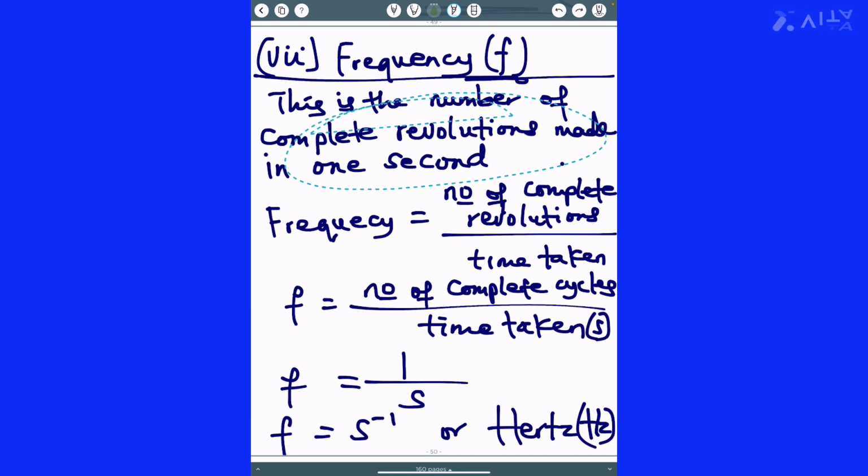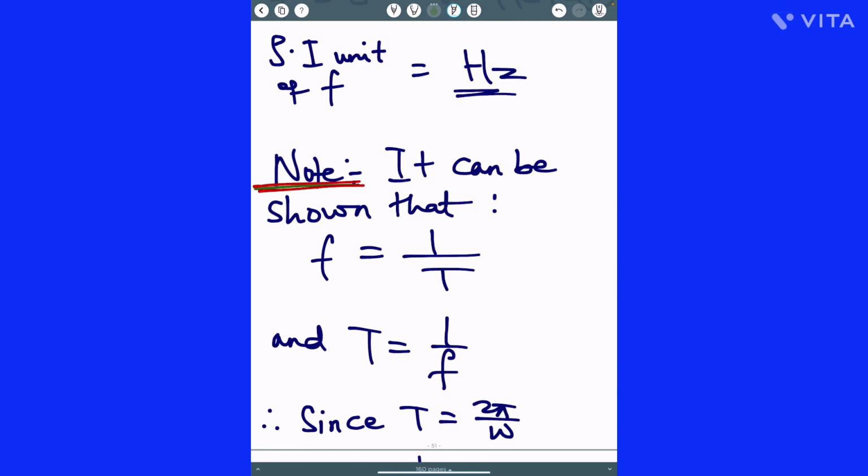The frequency of an object performing circular motion is the number of complete revolutions or complete cycles moved in 1 second. So frequency is number of complete cycles over time taken. Frequency SI unit is 1 over second, or second raised to power minus 1, or Hertz. So take note of that.